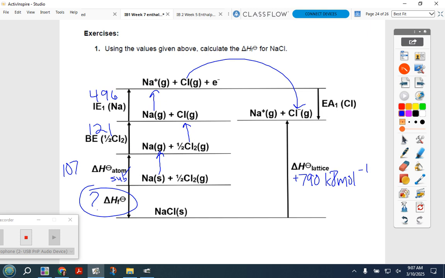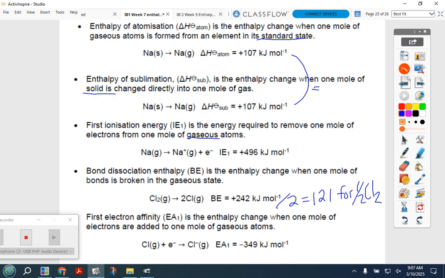So that takes us to our neutral chlorine atom, which then we have to add an electron to. And this is our electron affinity. So this is, again, kind of the opposite of ionization energy, in that the electron is now on the reactant side instead of on the product side, and we're ending up with a negative ion instead of a positive ion.